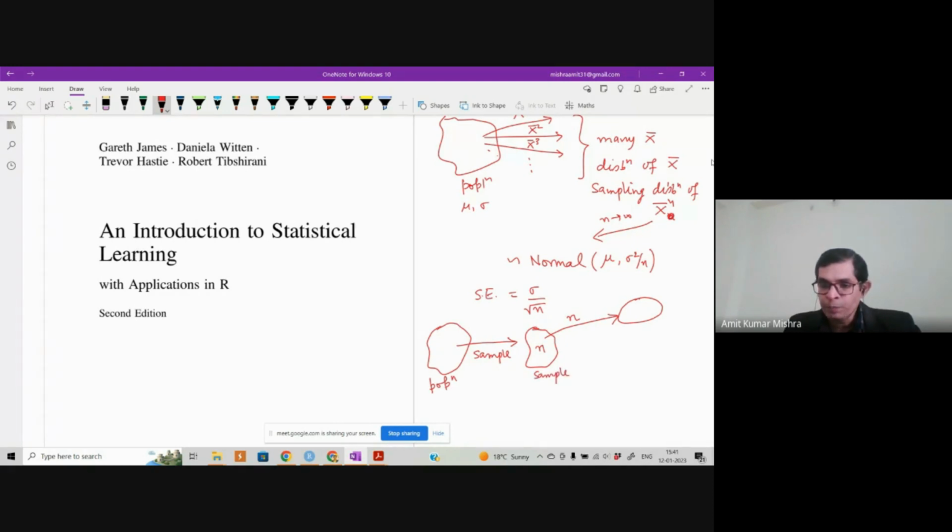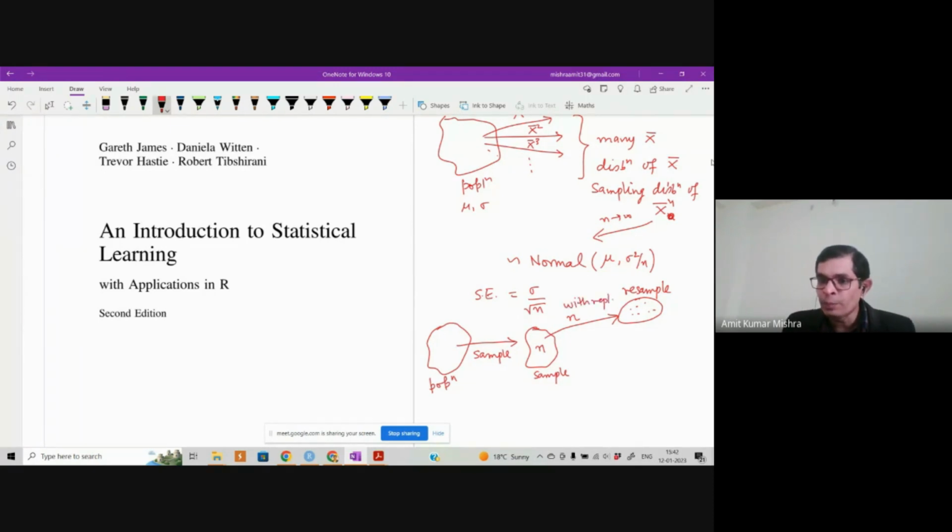Instead of taking a sample from the population, first we have taken a sample from the population, then we are taking a sample from the sample. So it is called resample, of the same size and with replacement.